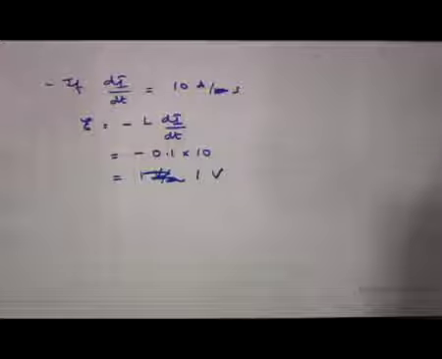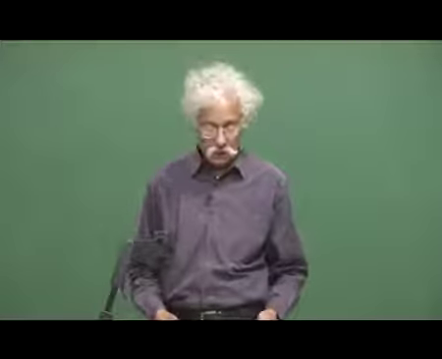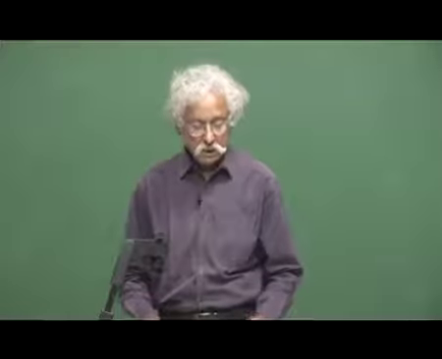So that is an induced EMF of 1 volt in the solenoid, and that will act against your applied source through which you are passing the current. So that is an example of self inductance.